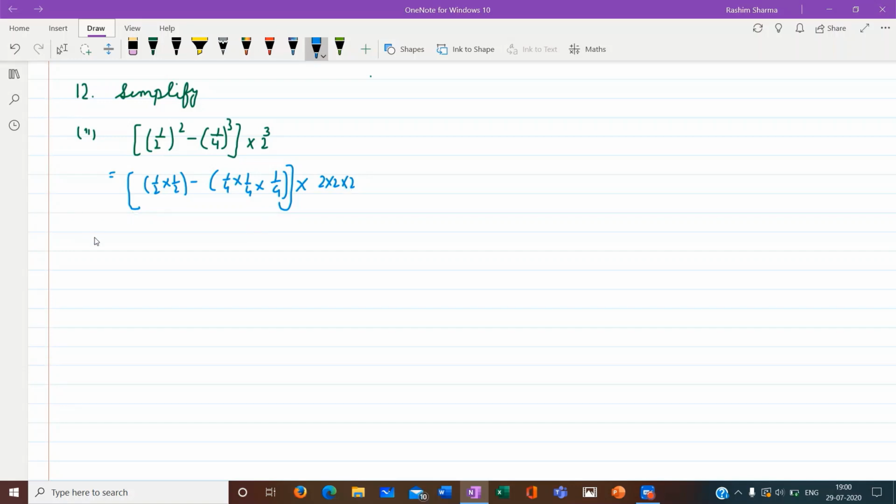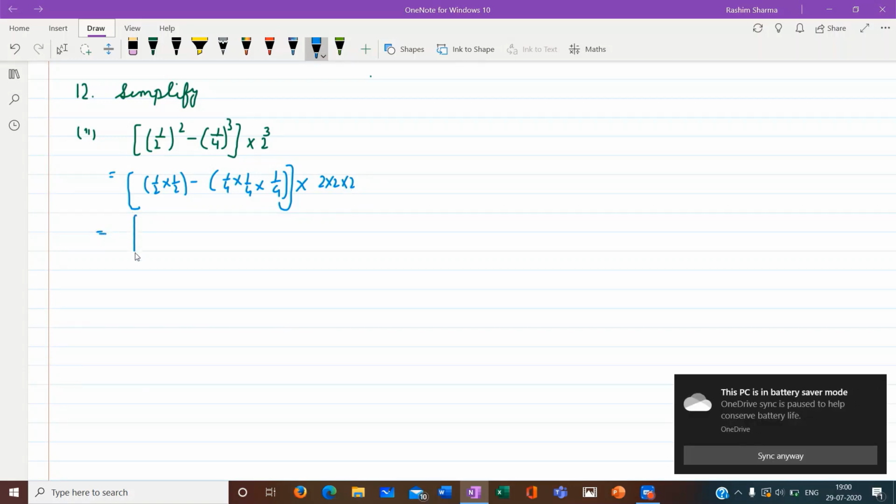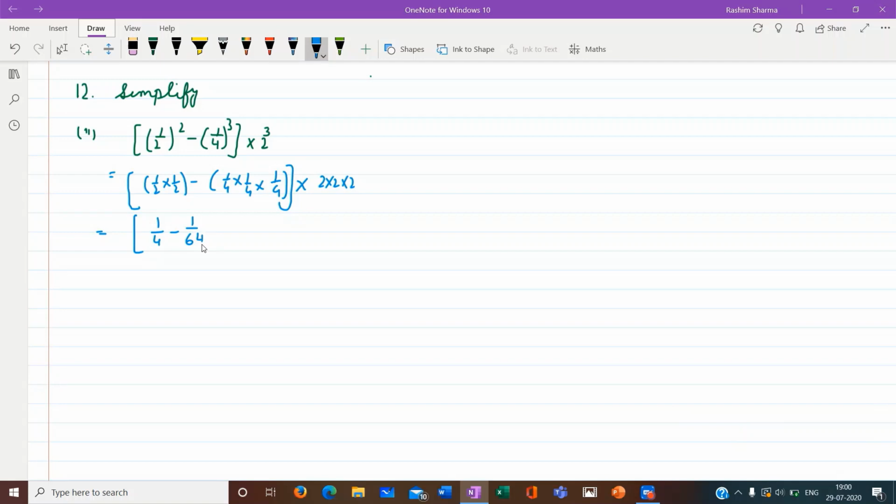Okay, now let us solve the bracket first. Now this is 1 on 4 minus 1 on 64. Okay, and into 8 here. Now we will solve the bracket by taking LCM. 64, 4 16s are 64, so 16 into 1 is 16, and here 1 as it is, into 8.